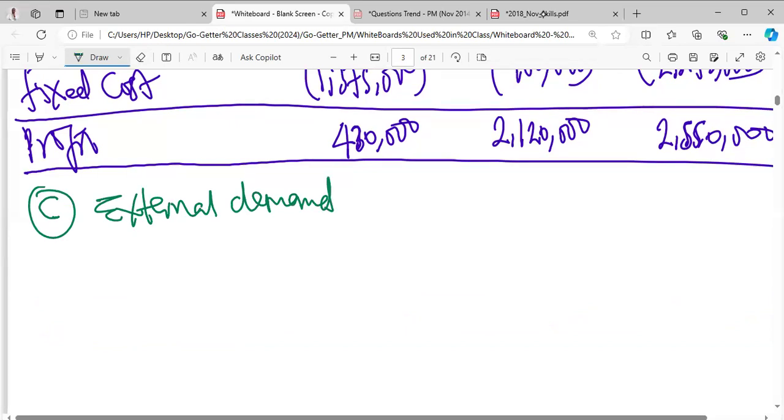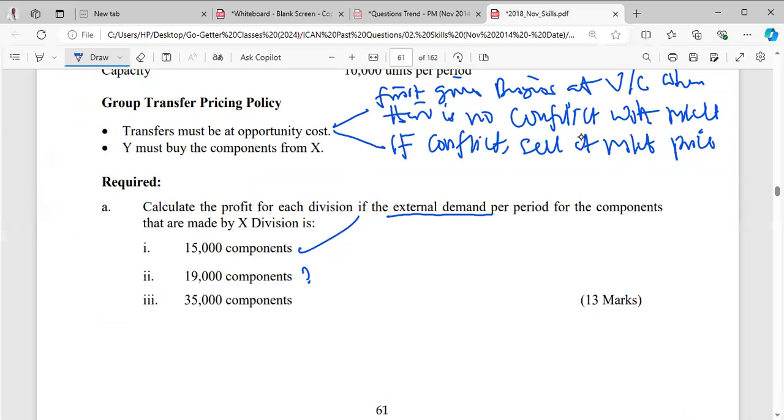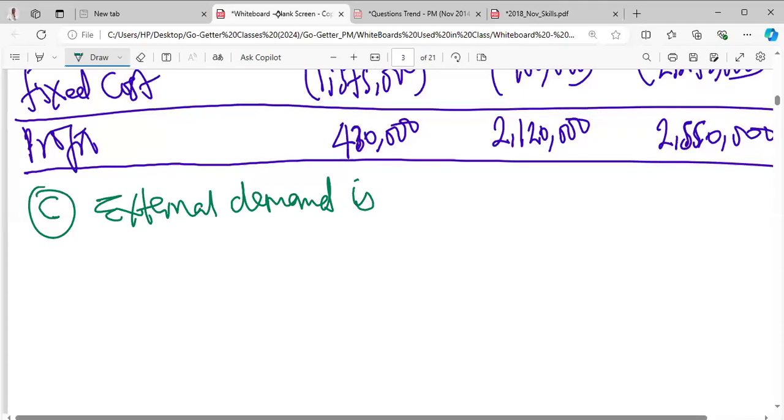We've solved this. External demand is now 35,000 components.